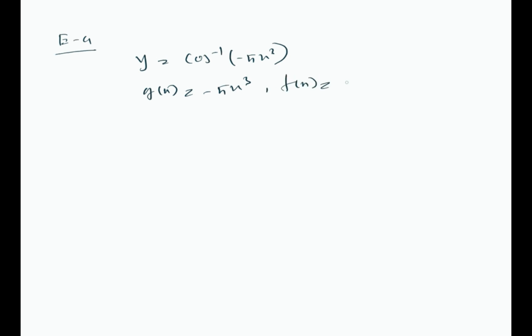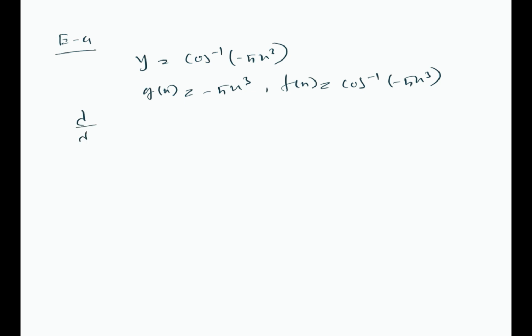Example 4. For example 4, we have a function y equal to inverse cos of minus 5x to the power 3. Here our inner function, g of x, is equal to minus 5x to the power 3, and our outer function, which is the original function, is inverse cos of minus 5x to the power 3.